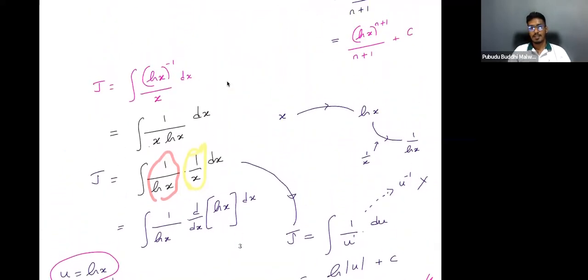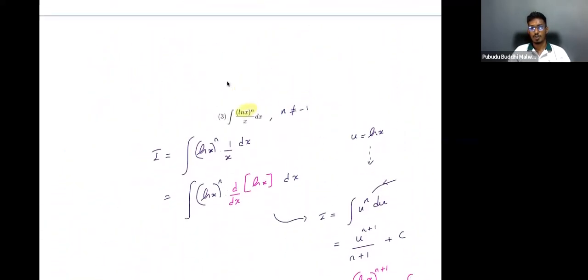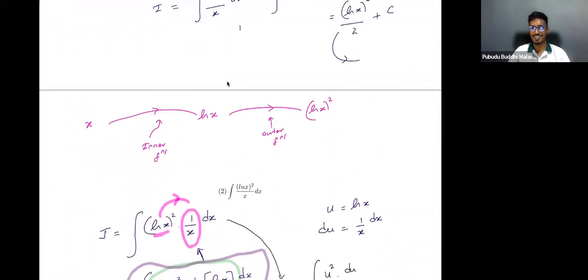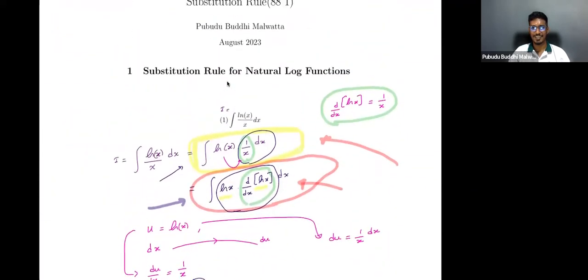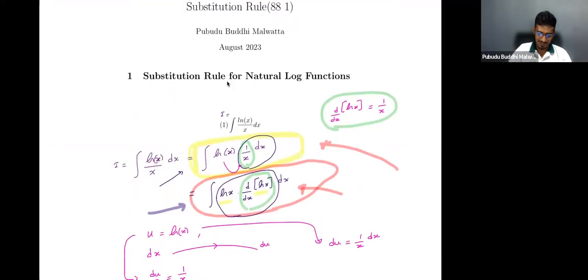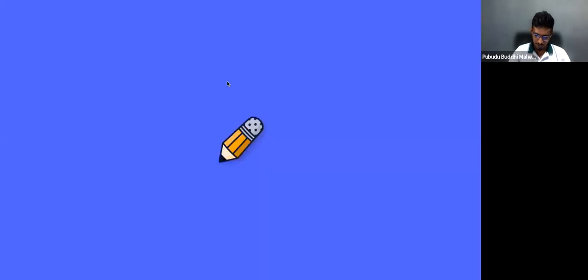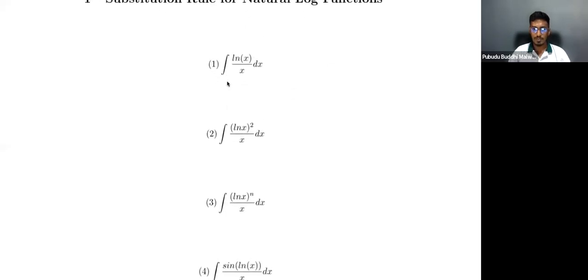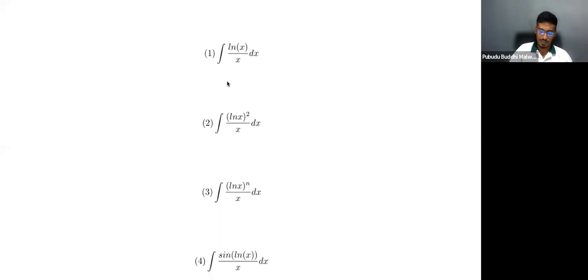But the interesting thing is for all of these problems, I used the same substitution. Why? Because of one reason. You can identify that. That's great actually. Let me show you all the problems here. All of these problems, I used the same substitution, which is natural log of x, that's because of this x.